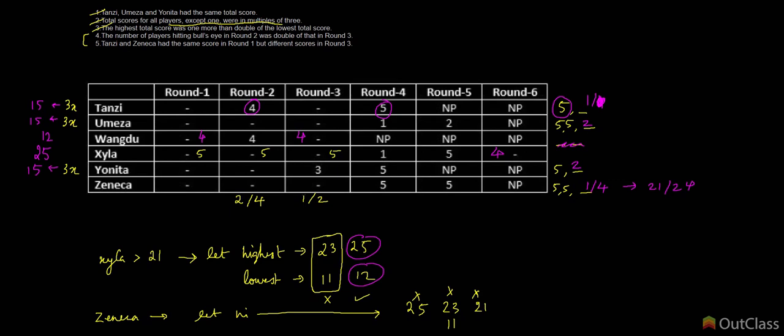So if I take there is only 1 bullseye in round 3 and only 2 in round 2, let's see where this goes. That means this remaining 5-1 would have been in this order.